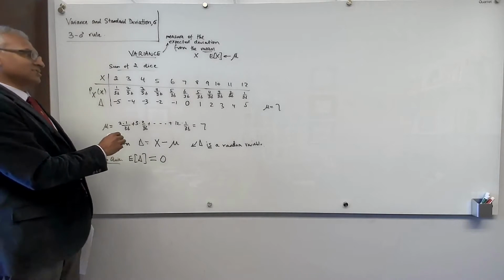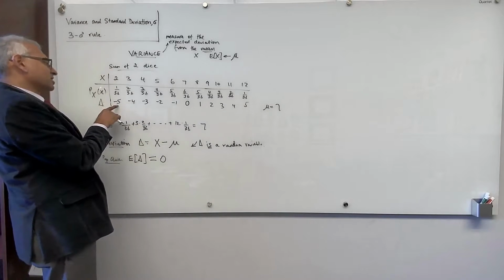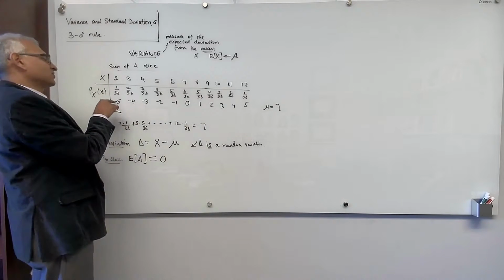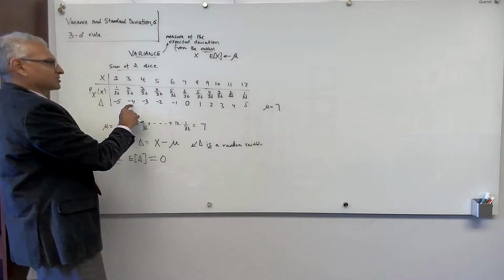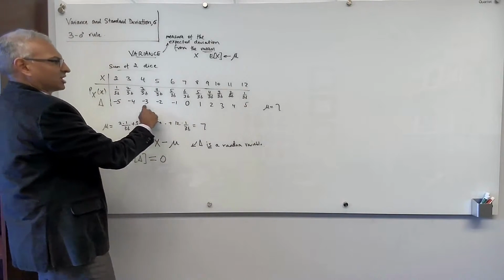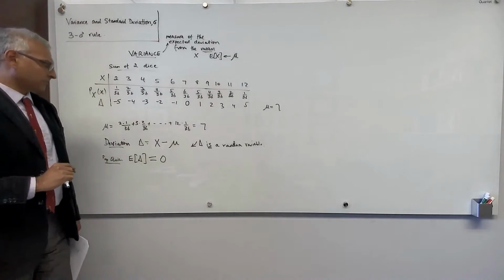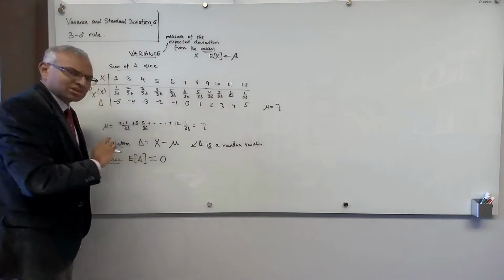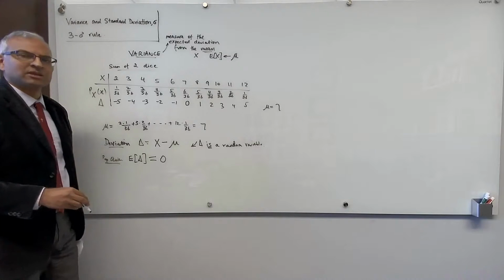You could have done that by seeing that this 5 and that 5 cancel: you multiply by the probability, you get minus 5 times 1 over 36 and 5 times 1 over 36, they cancel. Then the 4's cancel with the minus 4, 3 and minus 3 cancel, 2 and minus 2 cancel, 1 and minus 1 cancel, and this is a deviation of 0. In fact, it is generally the case that when you take the deviations from the mean of a random variable, the expected value is 0.